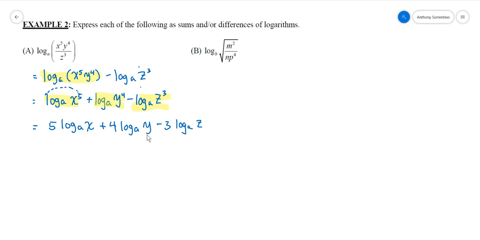So now what I want you to do is go to B, see what you have there, remember some of your rules about exponents, and rewrite this in a very similar way. Write this as a sum and/or differences of logarithms, and then we'll pull this back and go over it.